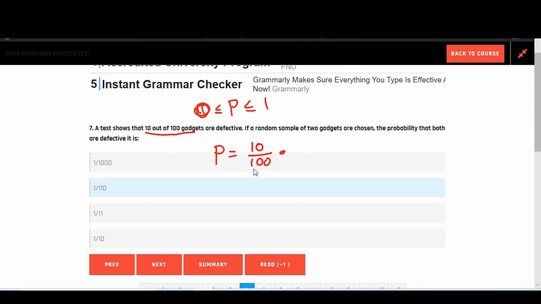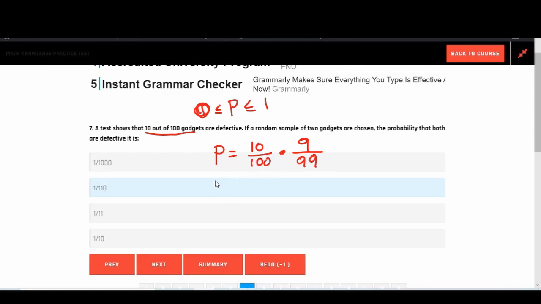The way probability works is, it assumes the worst case scenario. So it says that first gadget you picked was defective. So that means there are 9 more defective gadgets in the random sample, and since there are 9 left, we know we lost one here too.